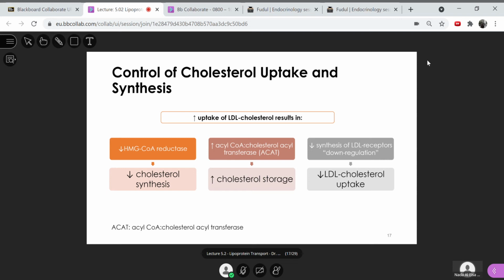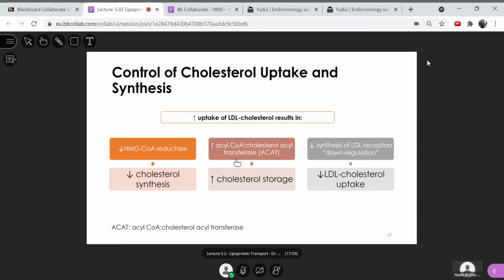Another thing, it will stimulate increased cholesterol storage within the cell. So this cholesterol within the cell will be stored because it's not needed. And that's through the activation of an enzyme that forms cholesterol esters in the cell, which is called ACAT, acyl-CoA cholesterol acyltransferase, which transfers an acyl group from acyl-CoA to cholesterol to form cholesterol esters that are stored.